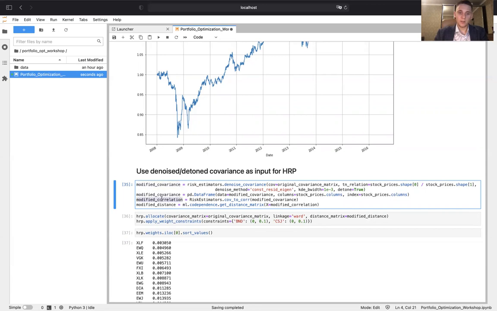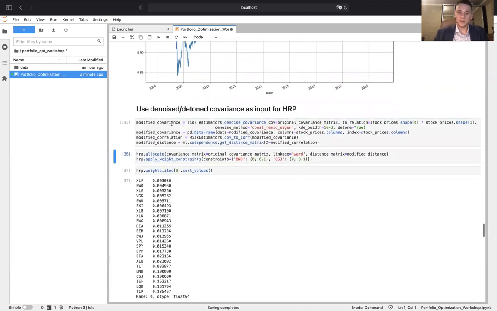Out of that, we convert our modified covariance into a modified correlation, and out of that correlation we create the distance matrix. We use this distance matrix as input to our HRP algorithm, and we still use our original covariance matrix to calculate asset variances in the inverse variance allocation method.